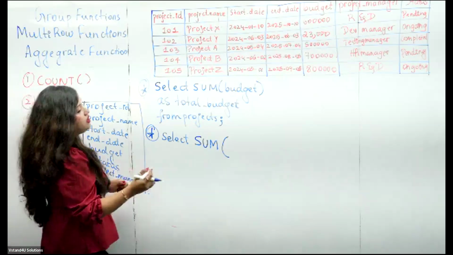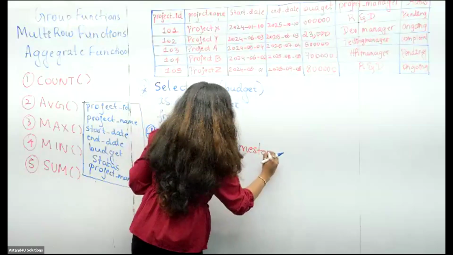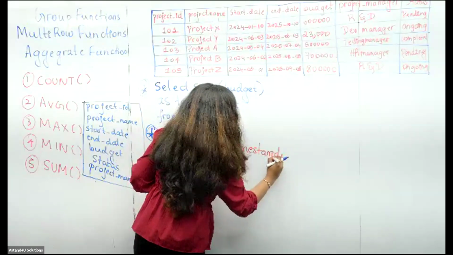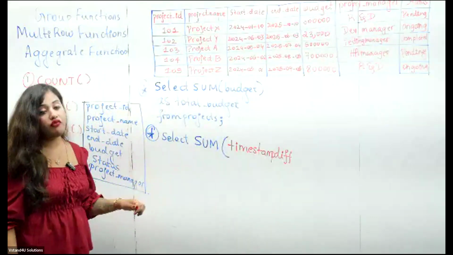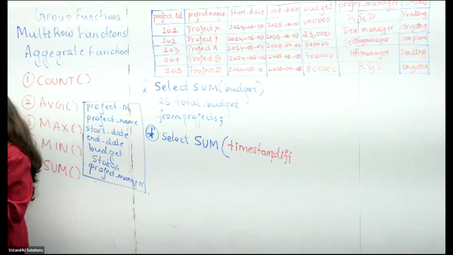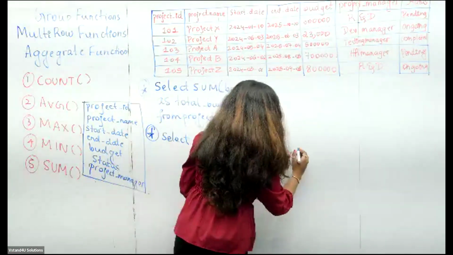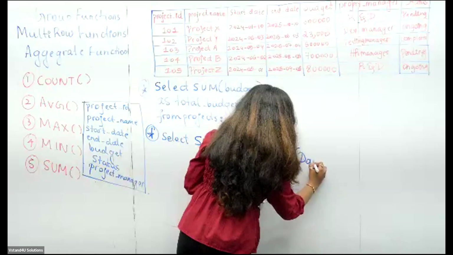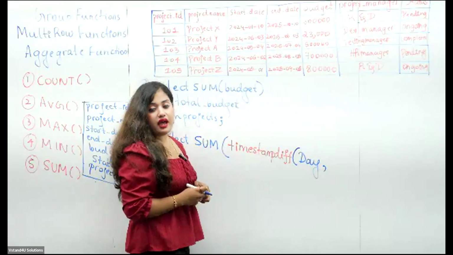You will be using timestamp difference. Timestamp difference of what, in days, years or months? Days. So how will you write the query here? Timestamp difference, now I will say day, comma, start date and end date.